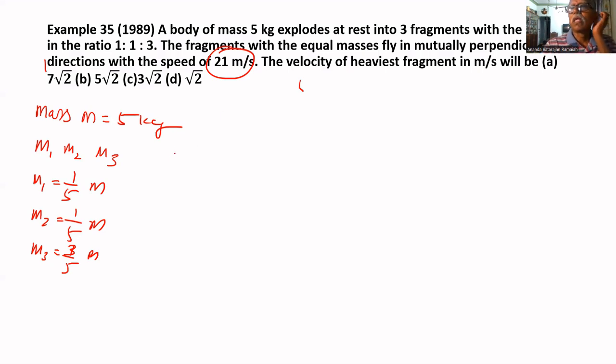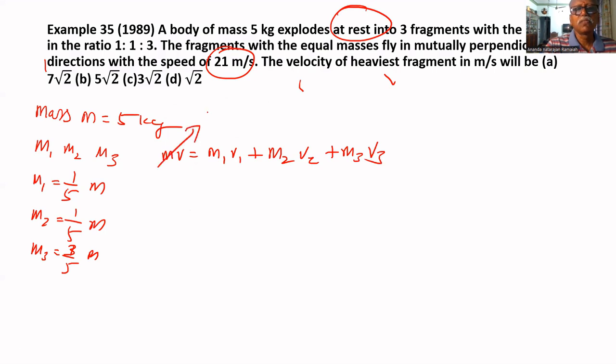Therefore, the body of mass explodes at rest. Initial velocity is rest. Therefore, mv equal to m1 v1 plus m2 v2 plus m3 v3. This is equal to 0.